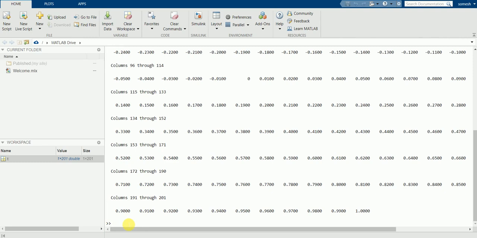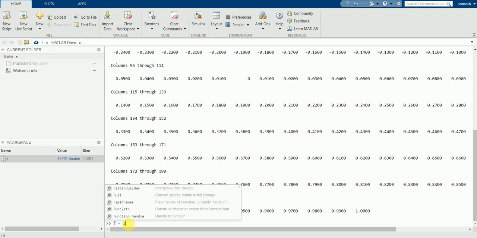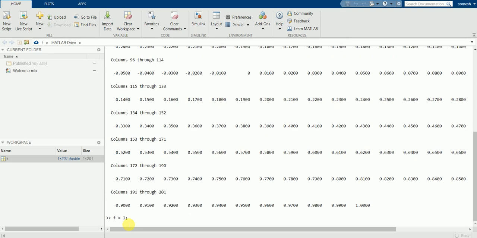After considering the time, let's consider amplitude as 1 and frequency as 1.